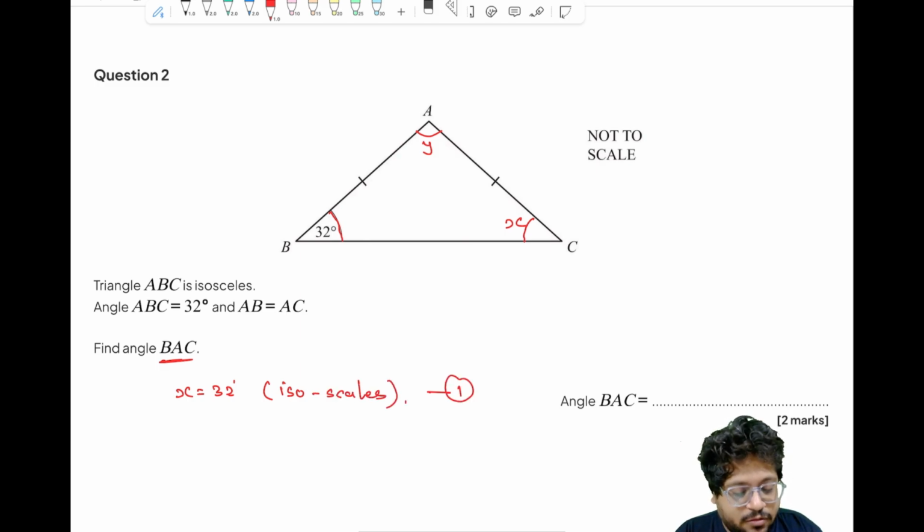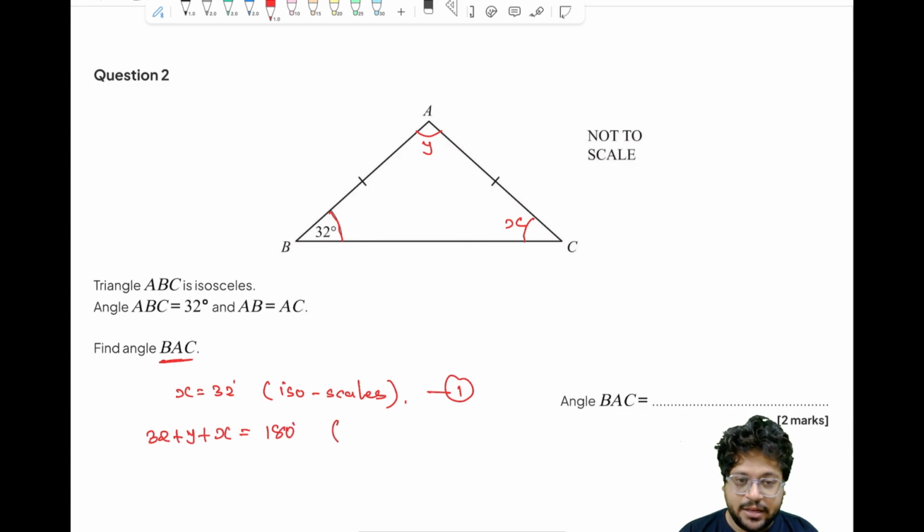Clear? And now let's use the angle sum property, that 32 plus Y plus X, the total is 180. The angle sum of any triangle is 180 degrees. The sum of all interior angles of any triangle is 180 degrees. We have discussed it. If you don't remember, just go and watch that video.